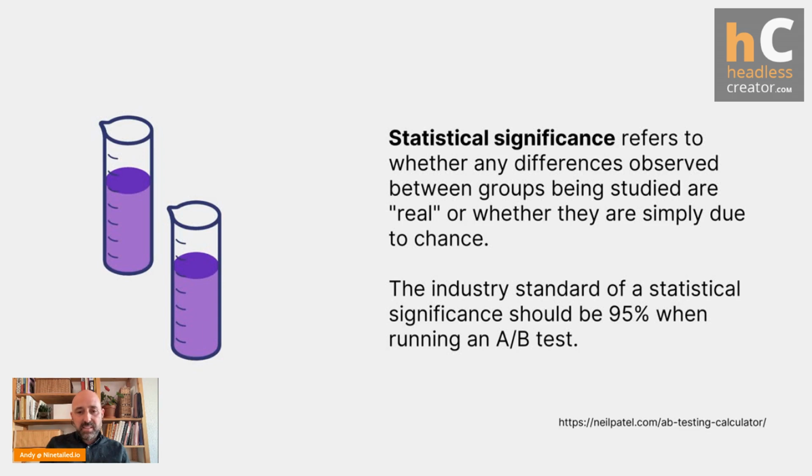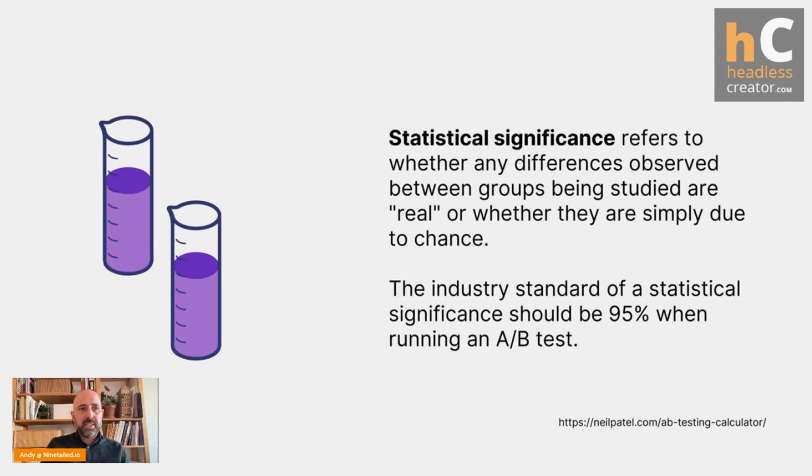In this case, there are also calculators to calculate the statistical significance. Also, tools like Ninetale can show statistical significance. And the industry standard of statistical significance should be 95% when running an A/B test. This means that every result which is over 95% is valid.